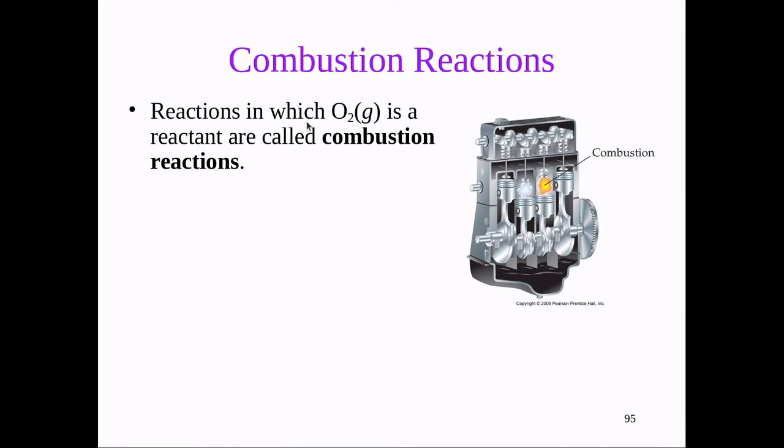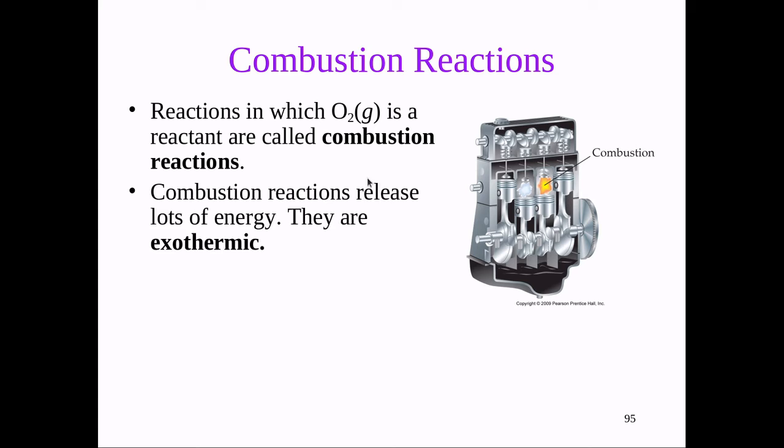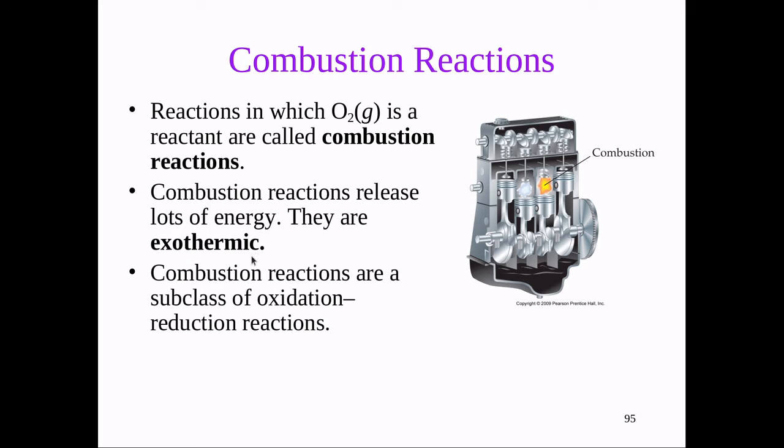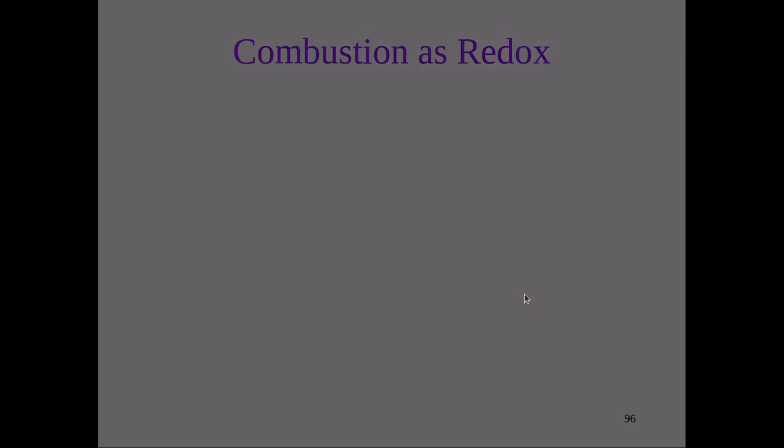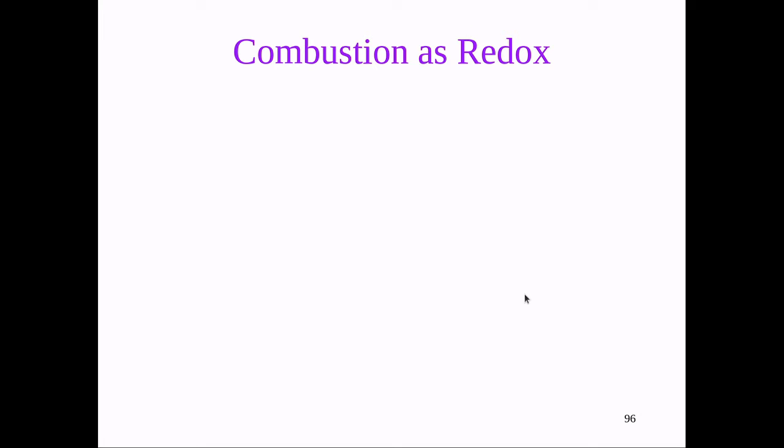So we know that combustion reactions are ones in which O2 gas is the reactant. Combustion reactions release a lot of energy. They're exothermic, meaning they release heat. Combustion reactions are a subclass of oxidation-reduction reactions, though. There is a transfer of electrons. So let's take a look at how that works.